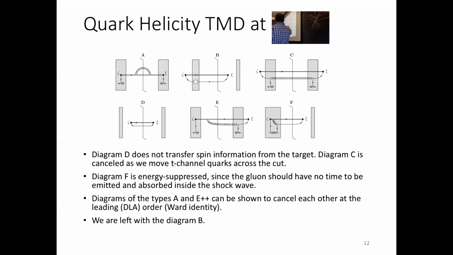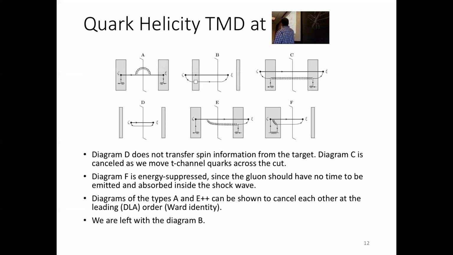You look at diagram C. Yes, you may have some spin-dependent interaction with the proton, but you can argue that you can take each of these t-channel quarks, move it across the cut left and right, and all those interactions would cancel. In the end of the day, no spin will be transferred in diagram C, so diagram C is also discarded. Then if you did small x calculations for a while, you can argue that diagram F is energy or extra x suppressed compared to everything else, and it can also be discarded.